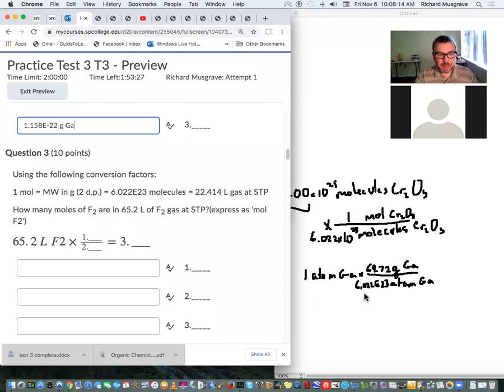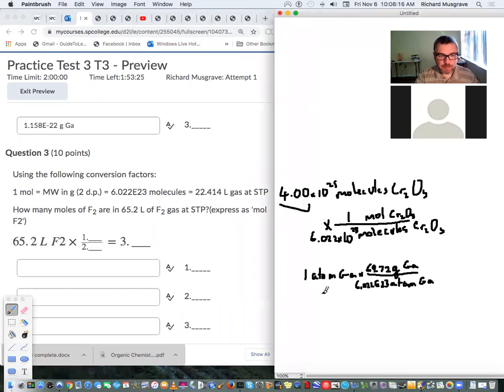The next one, how many moles of F2? 65.2 liters of F2. All right, so 65.2 liters of F2. Notice how I always put in the units first before I even put in any numbers. So liters of F2 goes on the bottom to cancel, and we're looking for moles of F2 according to the problem, so mole F2.